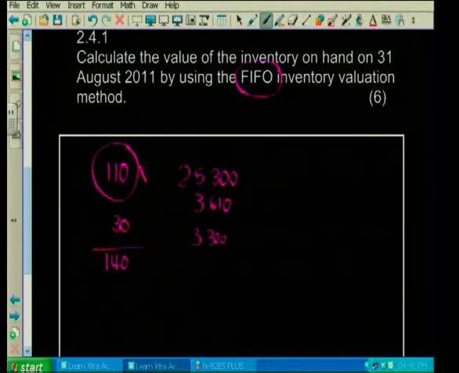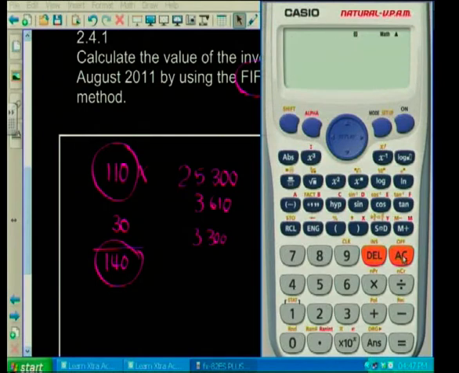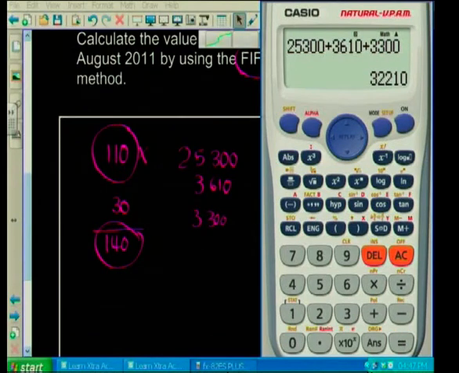Notice, 110 plus 30 will give me my total of 140. That's the number of pairs of shoes that I have on hand at the end of the year. Look at my calculator. 25,300 plus 3,610 plus 3,300, and this gives me my value of 32,210.